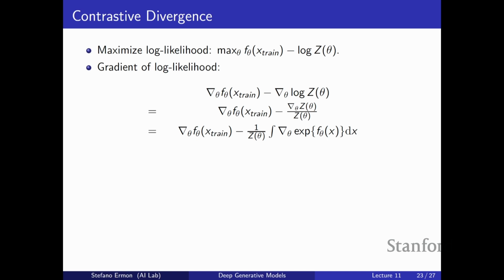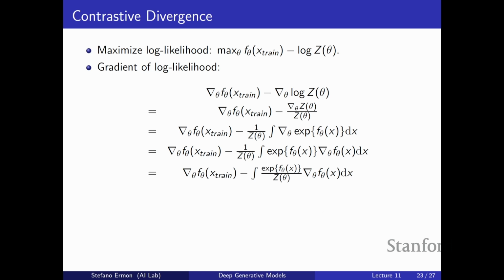Now we know how to compute that gradient using the chain rule, and that evaluates to the gradient of f theta again, which we know how to compute, rescaled by this exponential and the partition function.